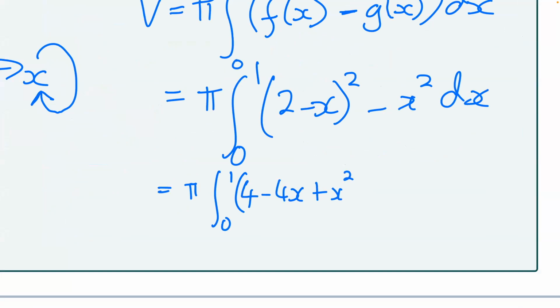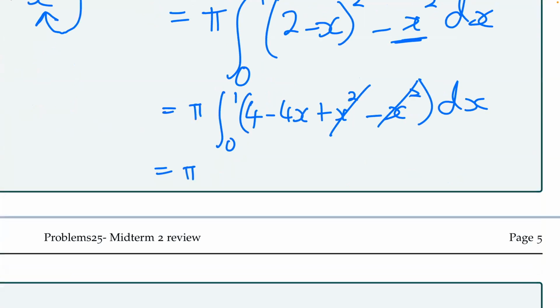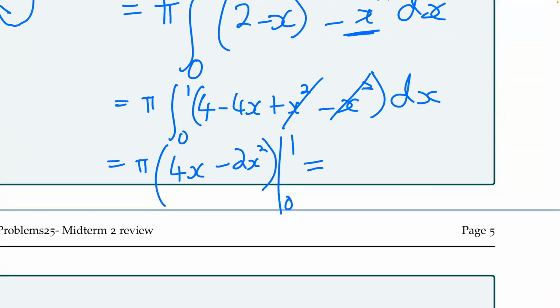And you'll also have a minus x squared from this term here. So these x squareds will cancel. Integrate those, and you'll have 4x minus 2x squared evaluated between 0 and 1. We don't have to worry about the 0 ones here, so those are going to disappear. So we're just going to have pi times 4 minus 2, which is 2 pi.